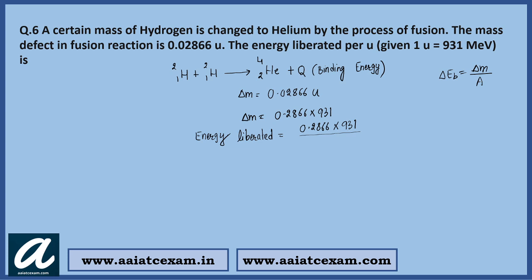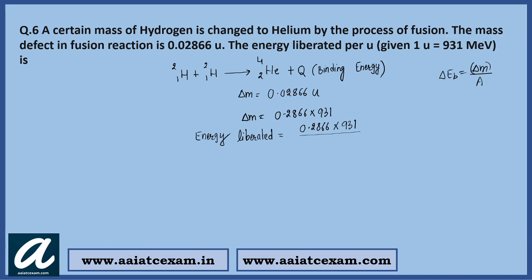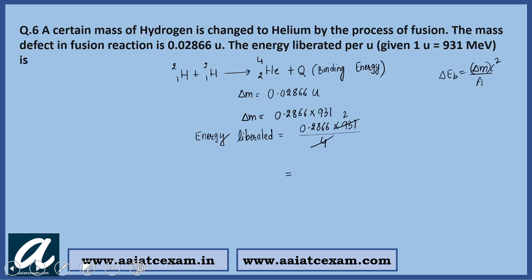So delta M into C square by A. So students, I need to divide this by 4. So if you divide it, this will become 2, just a second, 2, 3, approximately 3 again.